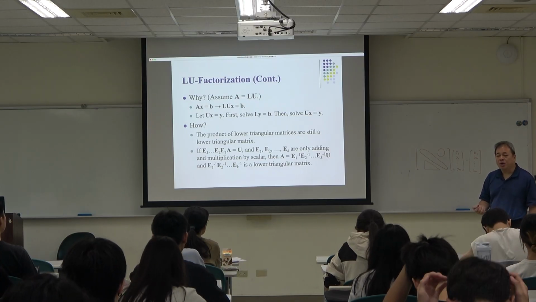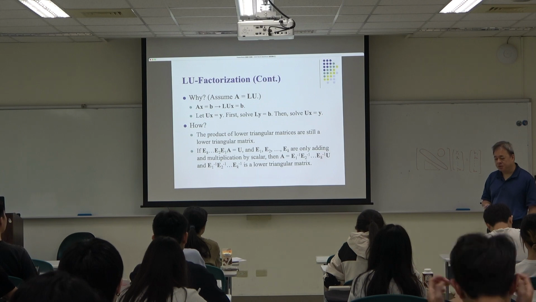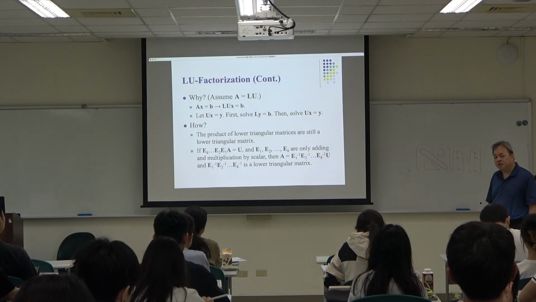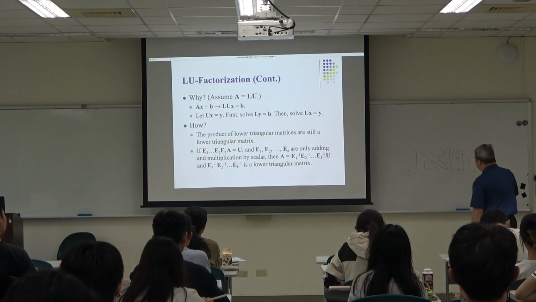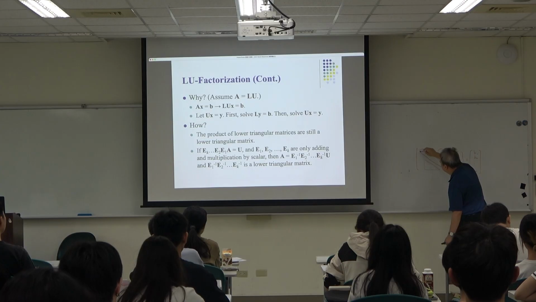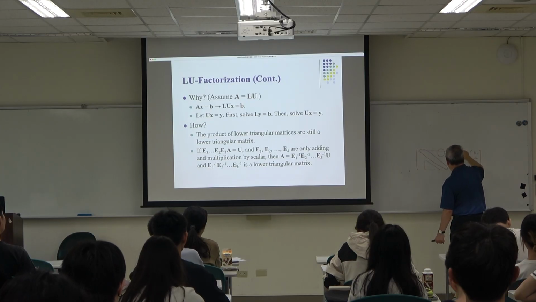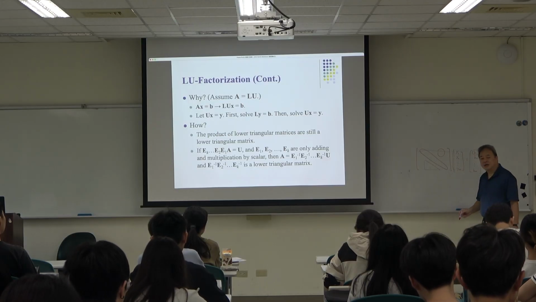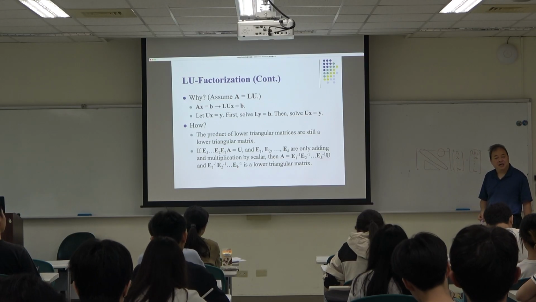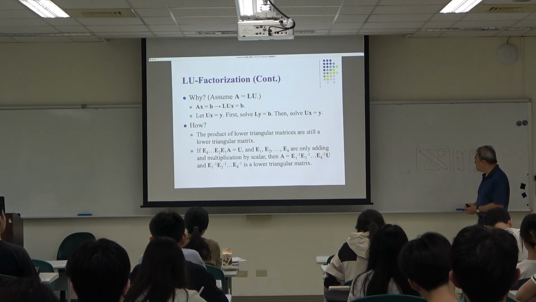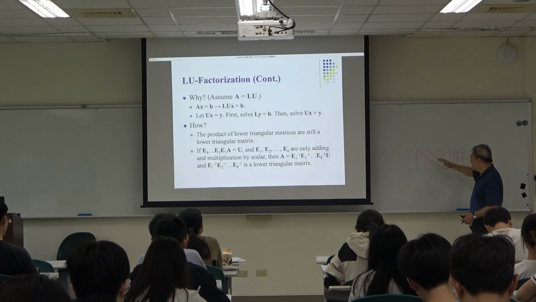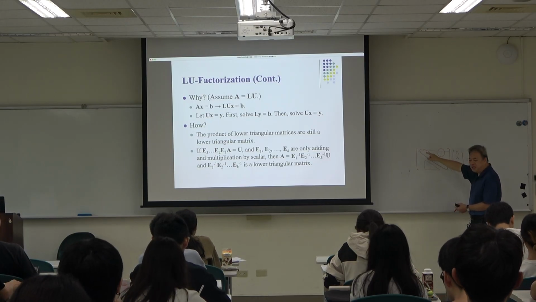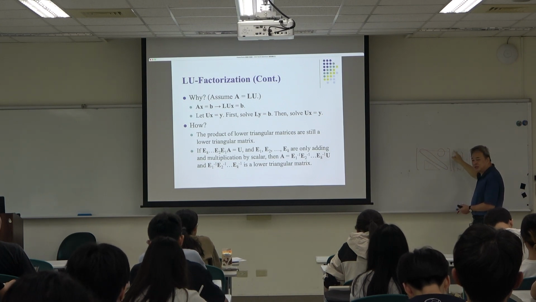So what will be the first linear equation from here? The first linear equation is going to be this row multiplied by this column equal to b1. But remember, this is a lower triangular matrix, so all the elements except the first one are zeros.